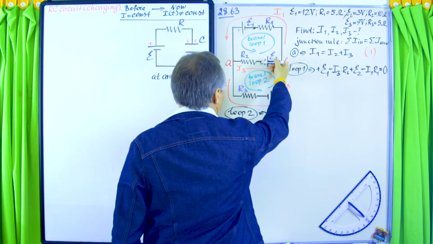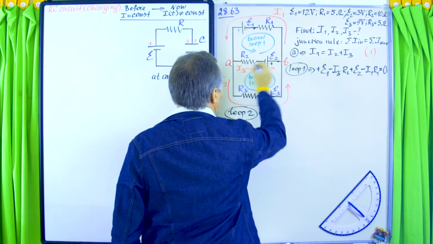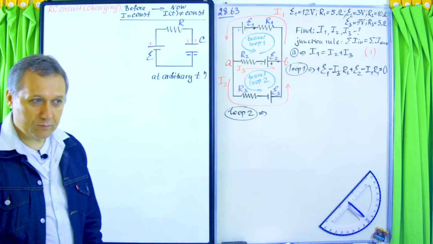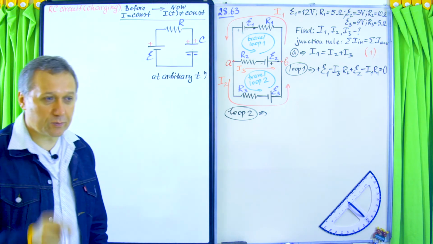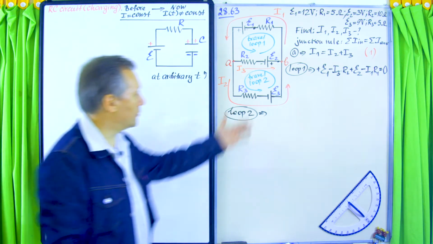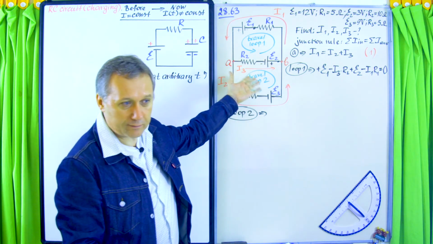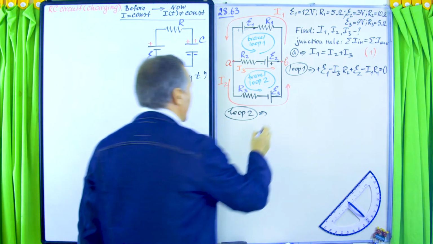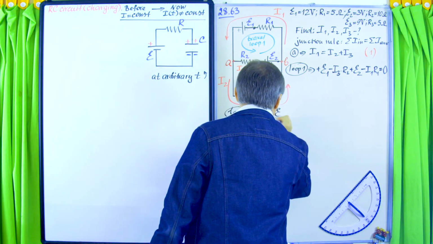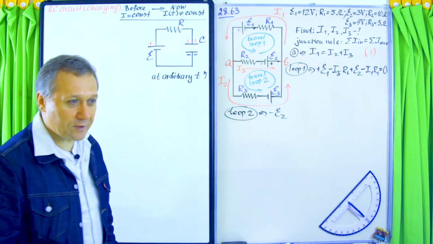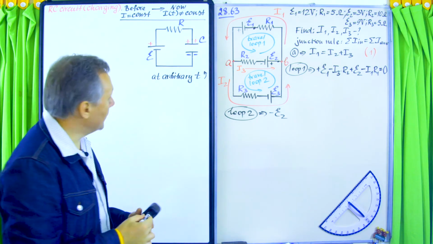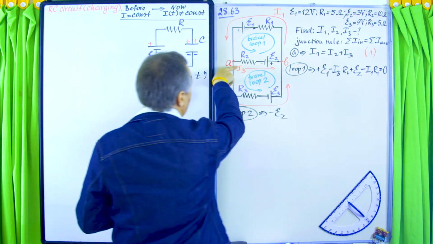So first I need to cross the battery, but now from plus to minus. It's rule number 2: contribution must be negative. You see, electric potential is going down, so it will be minus EMF 2. After this we need to cross this resistor, and the current direction is that way.